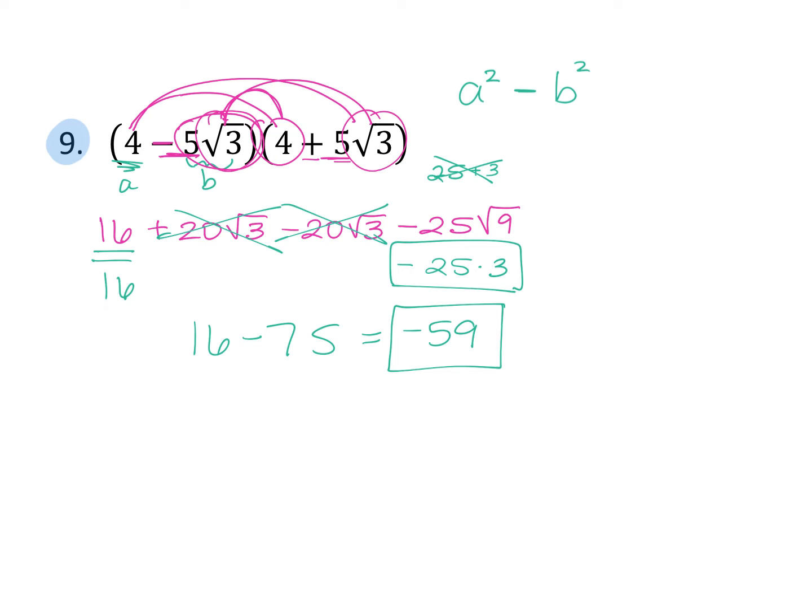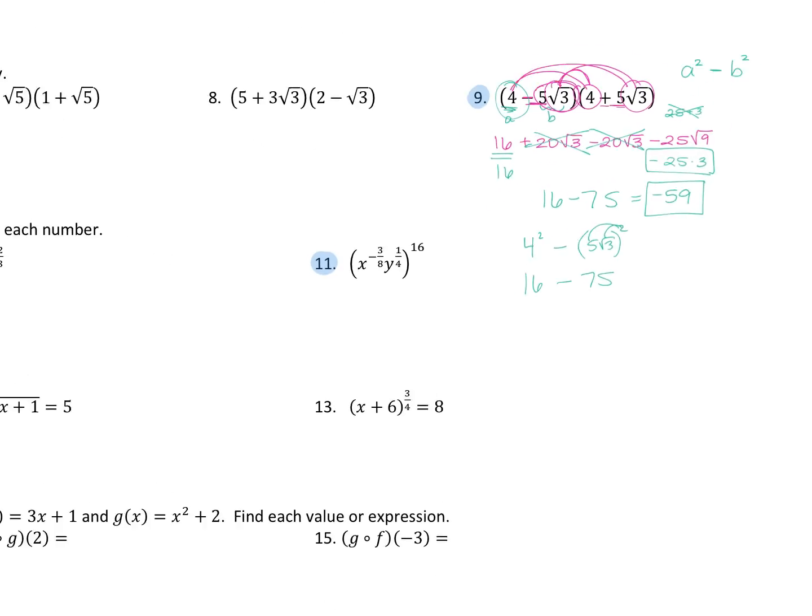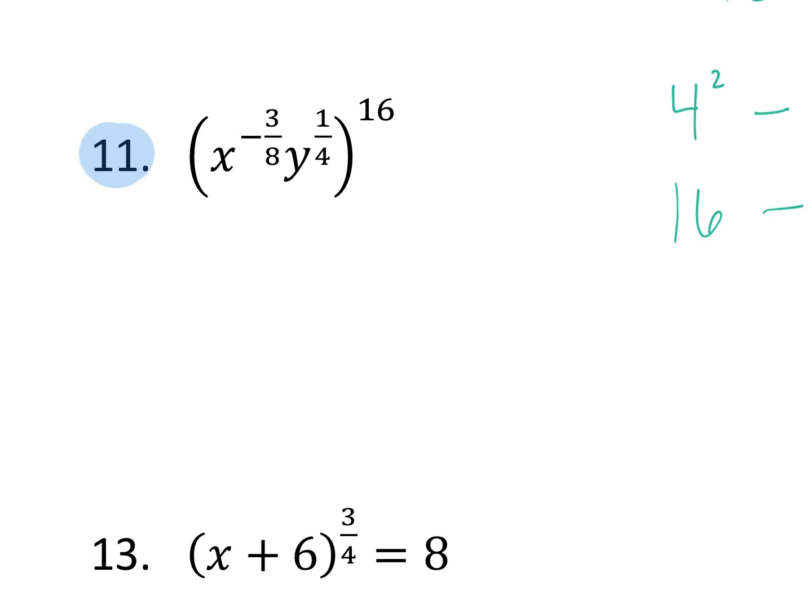So the option you could have done is a squared, so 4 squared minus 5 rad 3 squared, right? That would have been the shortcut, which is 16 minus 25 times 3, so 75. So either way, you would get there. I feel like a lot of people just end up foiling because they forget there's a shortcut.